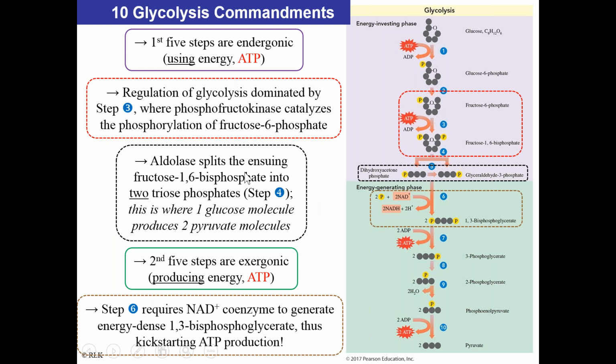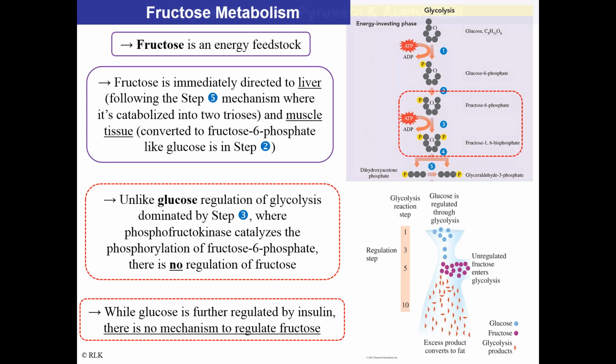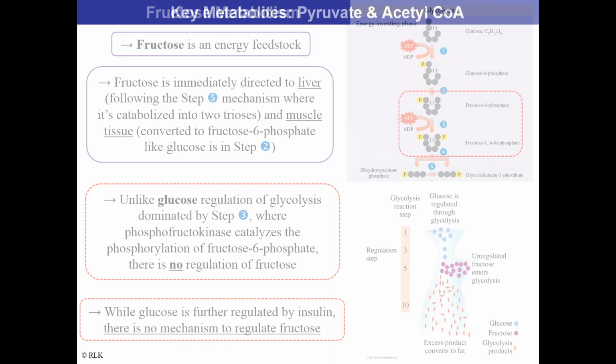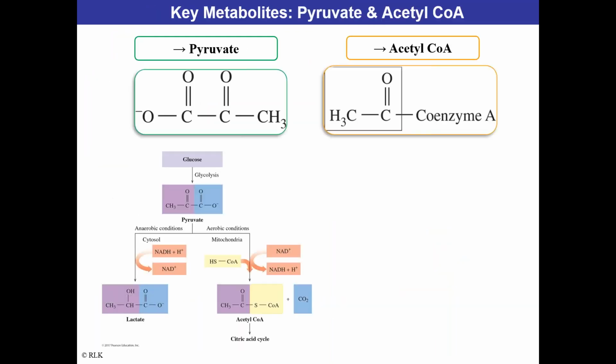Well, it's right in step 4. You see here where you have aldolase splitting the fructose. Okay, that was regulating step 3. This is where the 1 glucose now gets into 2 pyruvate molecules. Okay, so we're looking at step 4, and step 4 is then going to go to step 5, and then it's just going to continue on. So I think that this is important. Step 4 is where this is happening, and where pyruvate is generated.